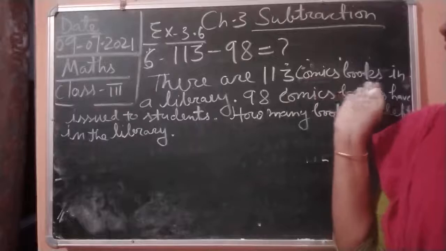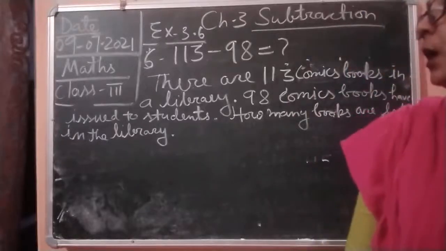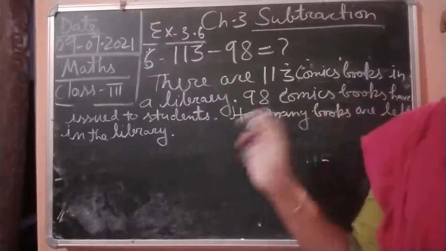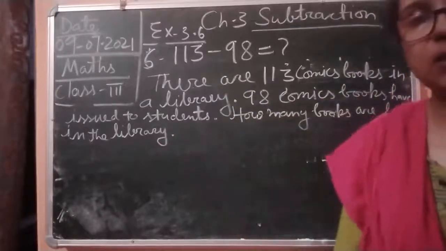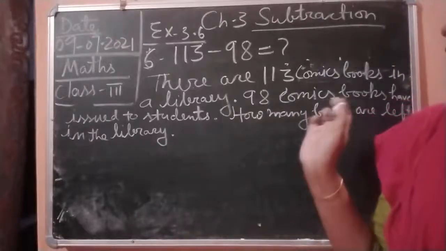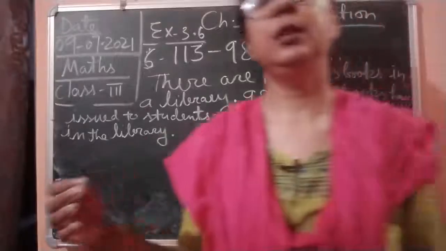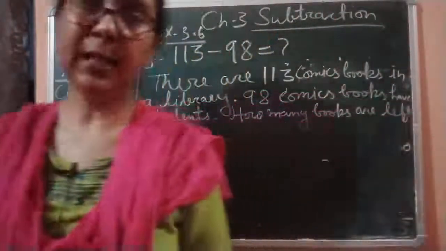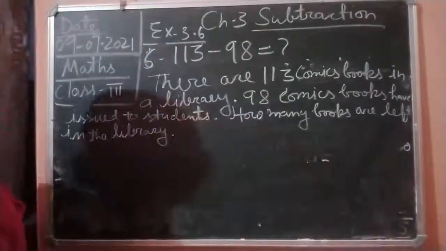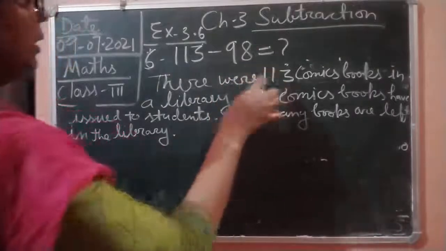So 113 comics books in a library. 113 books library में हैं, and 98 books have been issued to students. Students को issue कर दी गई, दे दी गई, ठीक है. How many books are left in the library? कितनी books अभी बच गई हैं library में, ठीक है. So you just write it down. It is quite okay for us.